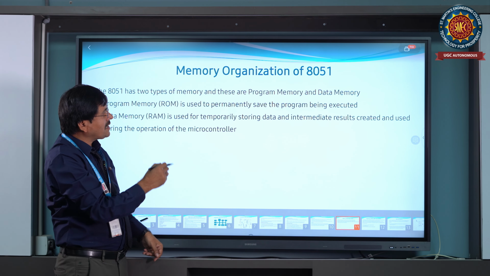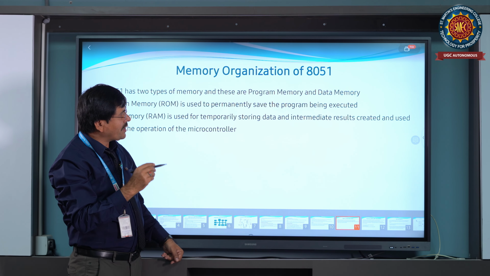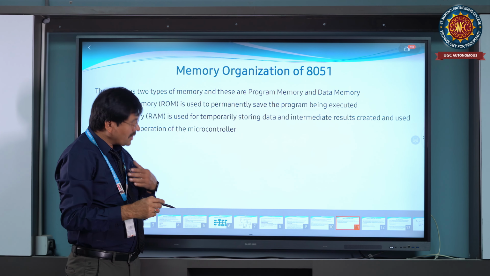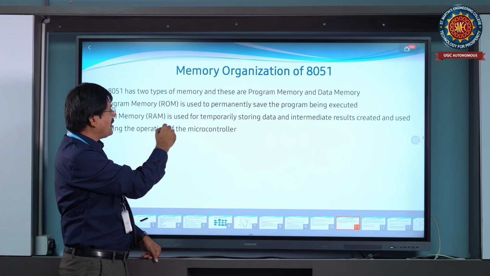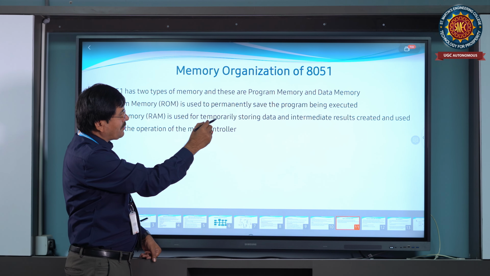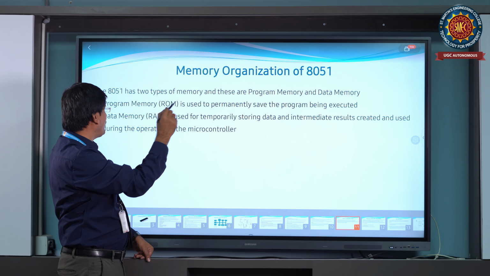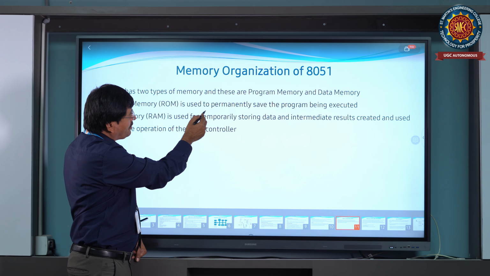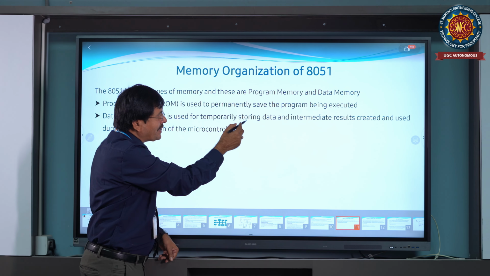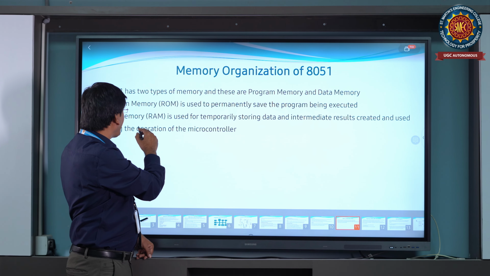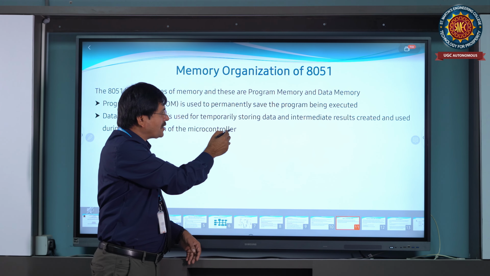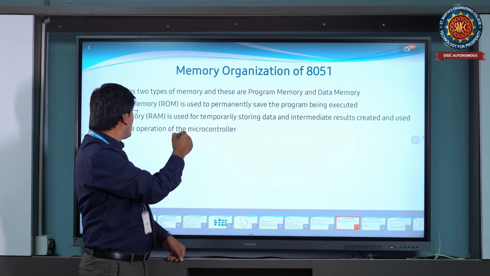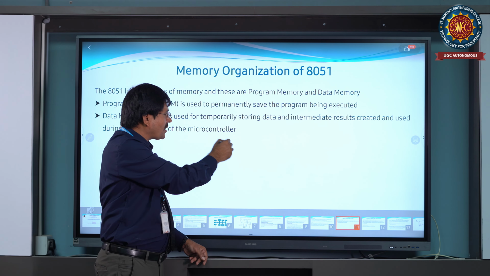Program memory is also known as read-only memory, and data memory is also known as random access memory. Read-only memory permanently saves the program being executed, and random access memory is temporary storage for data and intermediate results created during the operation of the microcontroller.